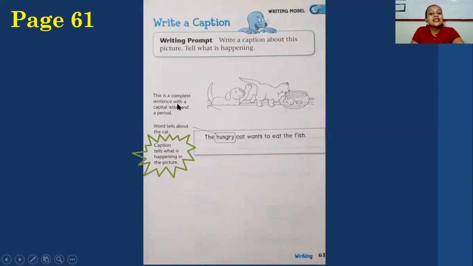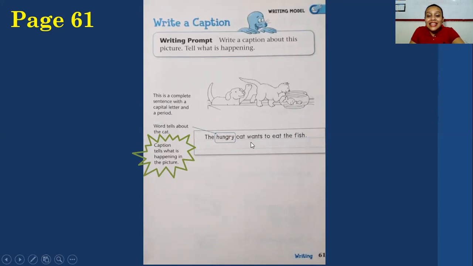This is a complete sentence. Look, the hungry cat wants to eat the fish. Yes, the hungry cat wants to eat the fish. So this is a good caption because it's explaining what is happening in the picture. Which word tells about the cat?